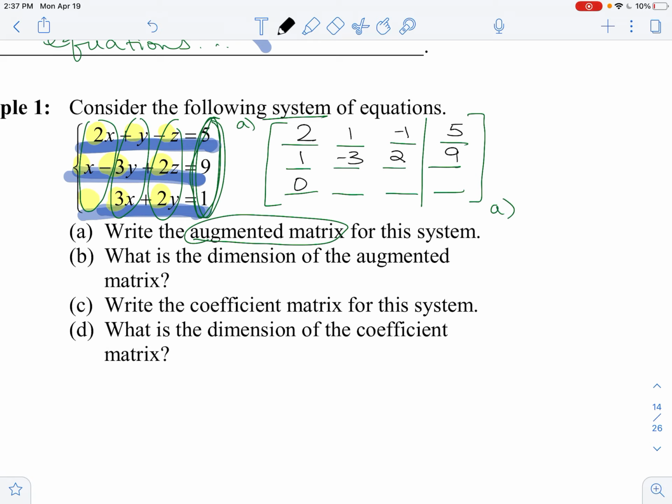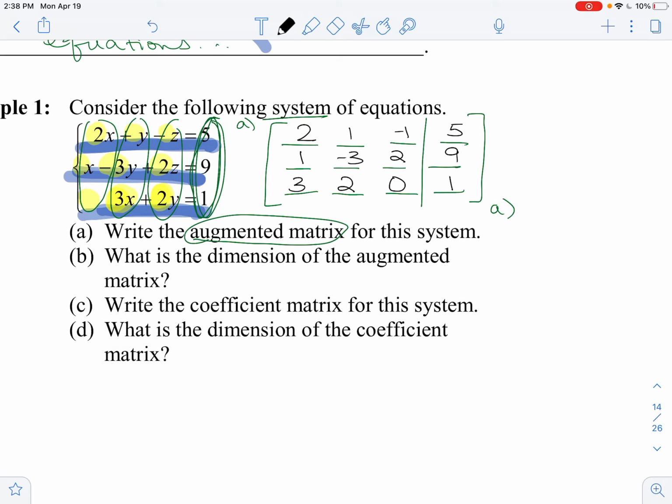Pardon me, not a 0, look. This is the x, actually, so it's a coefficient of 3x. There's a 2y, but there's no z on the bottom, so actually there's a 0z with a constant of 1. So there's our augmented matrix, that's part A.